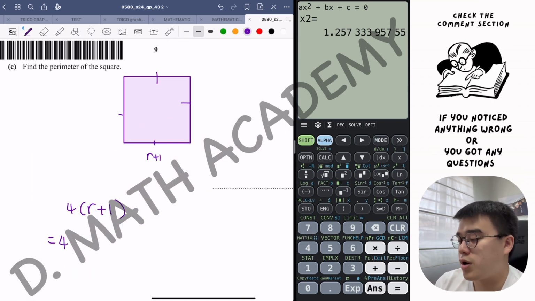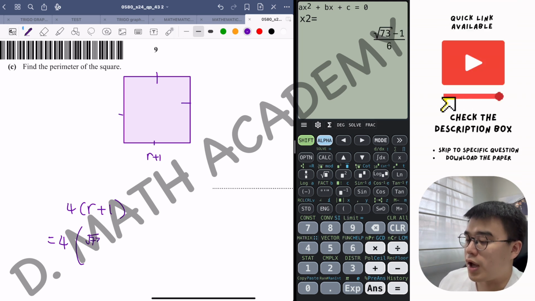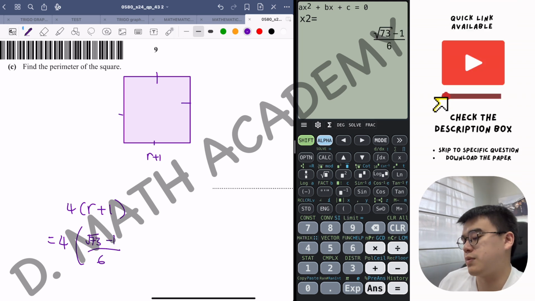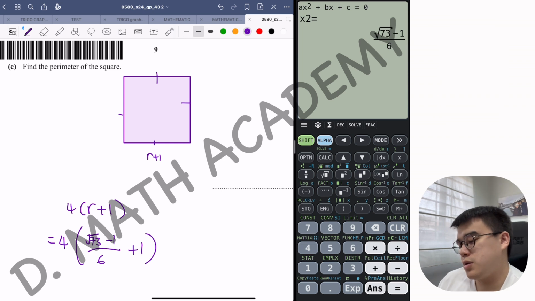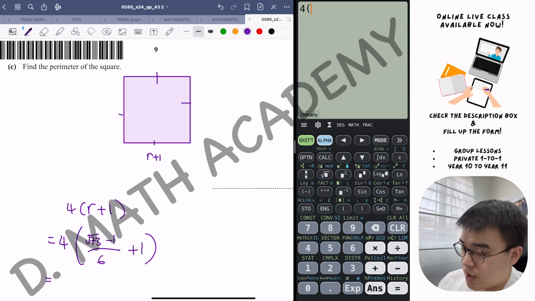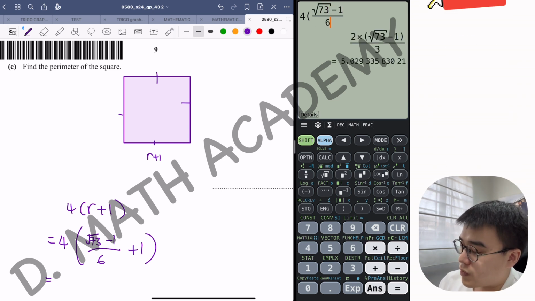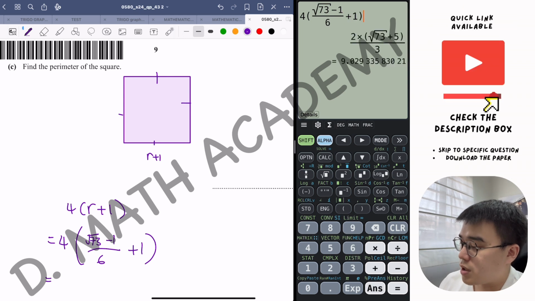So I will try to avoid any kind of premature rounding. I'll be using the exact form instead, and only then I key in everything: square root 73 minus 1 over 6, and then plus 1 in it.